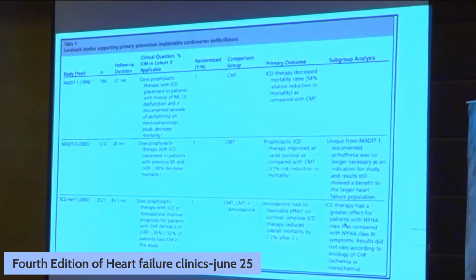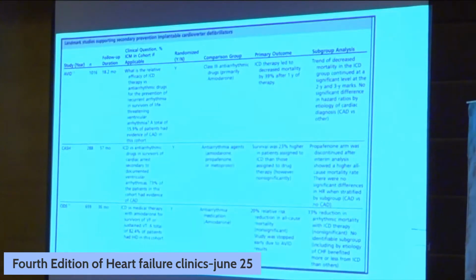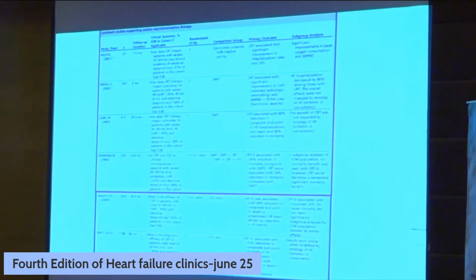That means EF less than 35%, and the patient has to get this procedure done early, not for a class 3 or class 4 patient where the mortality will not be so radically reduced. Similarly, for secondary prevention also, ICD has been shown to be a very good therapy. These are trials which were published about 20-25 years ago, showing the outcomes.